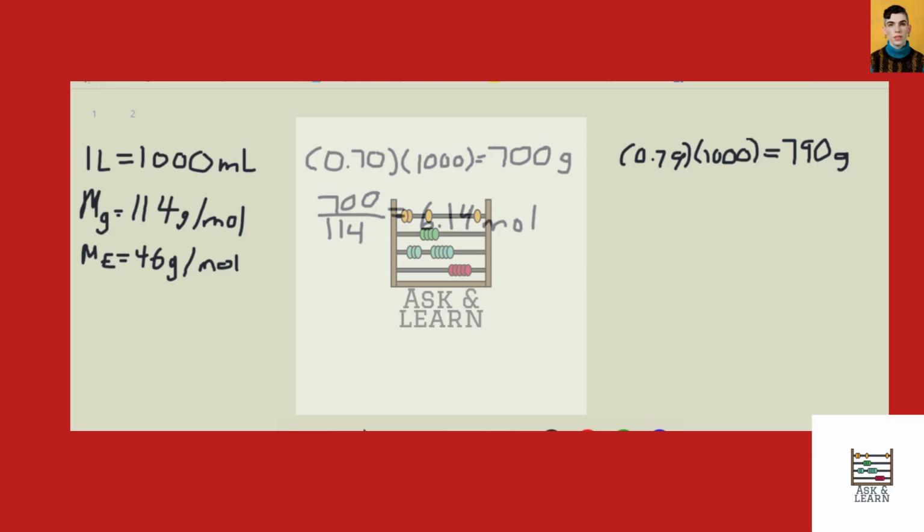Now for this one, 790 over 46 equals 17.17 moles.